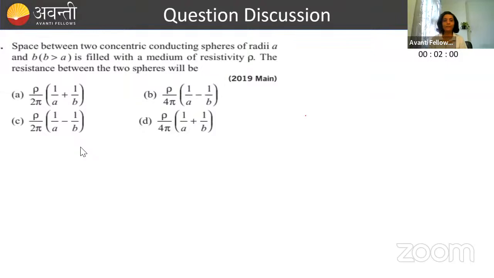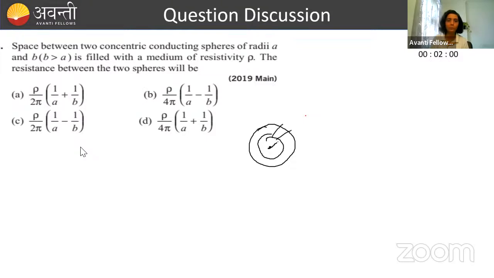Should I explain the question? Chalo, I will explain it for a second. Panchmahal, yes. So the question is, two concentric conducting spheres are there. So take one sphere like this. Two concentric spheres are there. And the space between the two concentric conducting spheres is filled with a medium of resistivity rho.